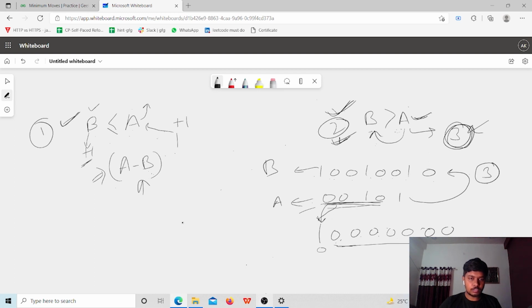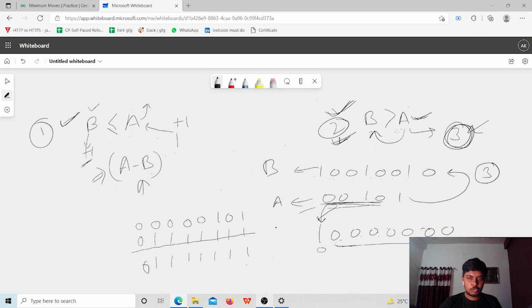So this is 0 0 1 0 1, and I have seven ones, 1 1 3 4 5 6 7. This is 0 0, and here also we have 0 0. Now after doing the OR operation, I have 1 1 1 1 1 1 1 0.